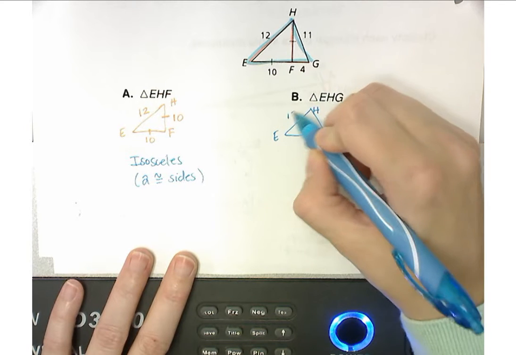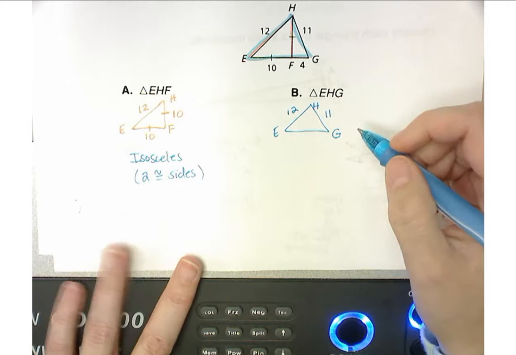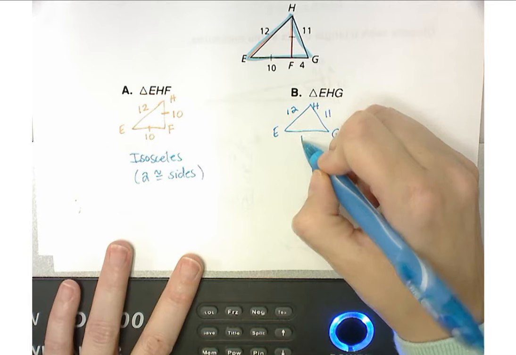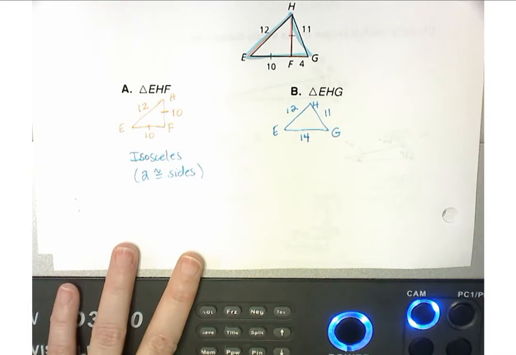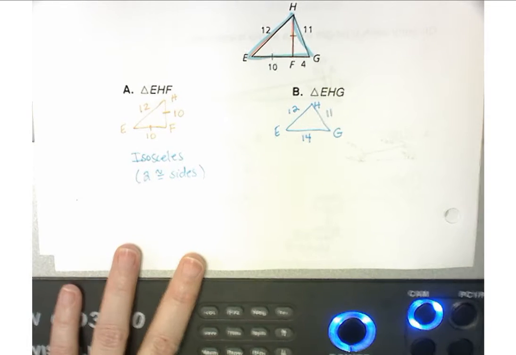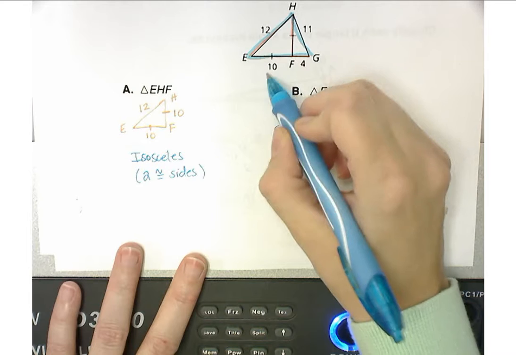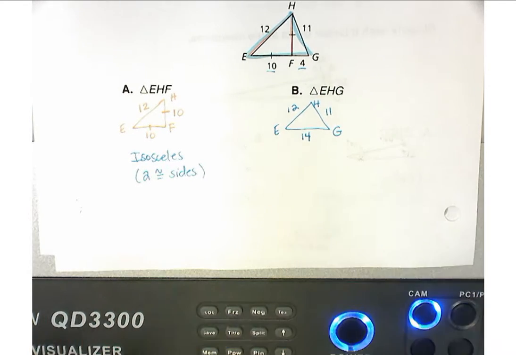What about HG? HG's 11. And EG? 10. Nope. 14. Yes, good. And how'd you get 14? By adding the both of the EF. Okay, good. So EF is 10, FG is 4, so we do have to add them together to get 14.